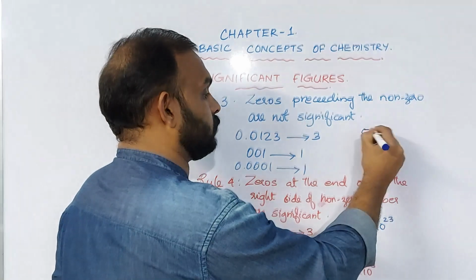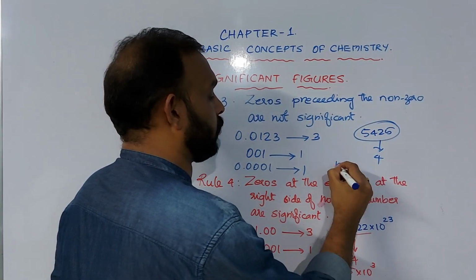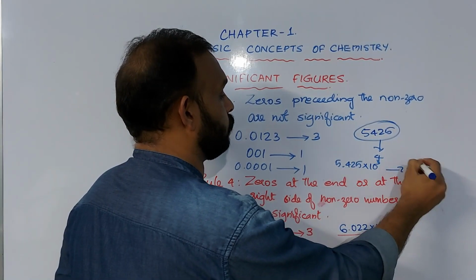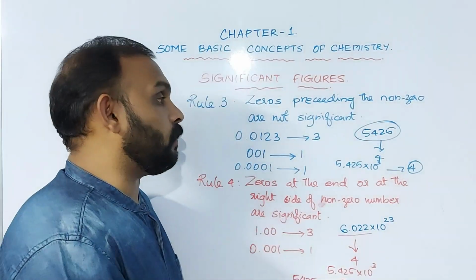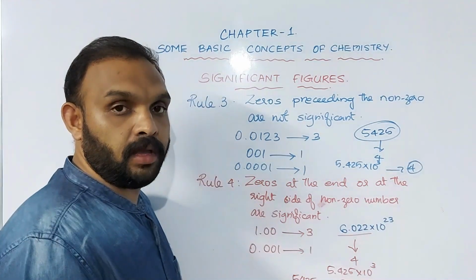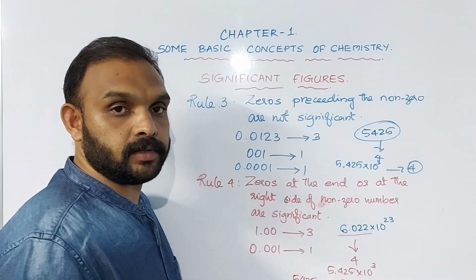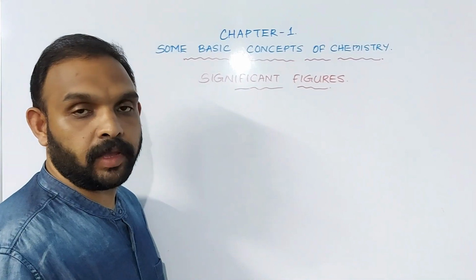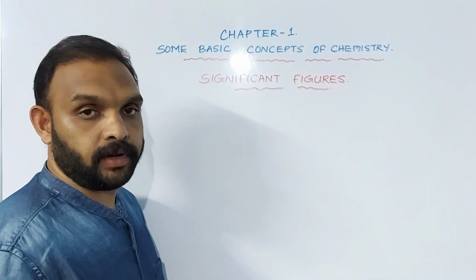The 5425 is also having 4 significant figures, and 5.425 into 10 to the power 3 is also having 4 significant figures. Clear? So these 4 rules along with the rule for exponential form must be in your mind while writing the significant figures. Clear, my dear students? Now we have to remember one more thing while doing calculations involving significant figures.